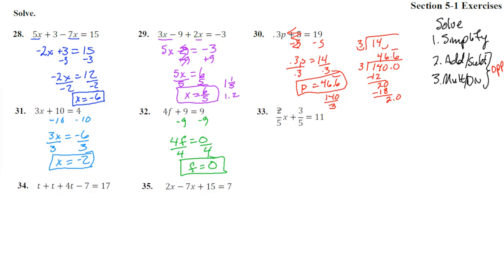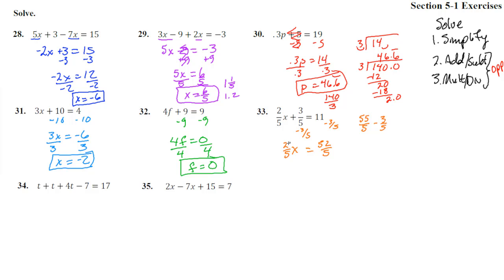Number 33. Fractions, oh my goodness. So subtract 3/5. We get 2/5 x equals, in slow motion, common denominator, 55/5 minus 3/5, and that is 52/5.